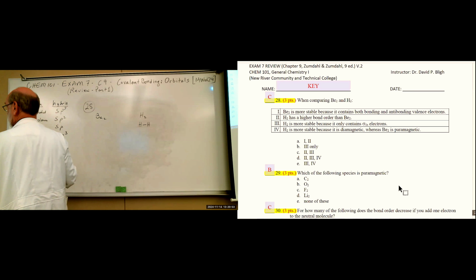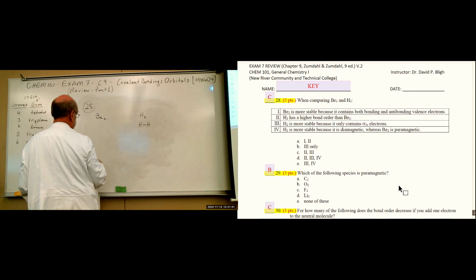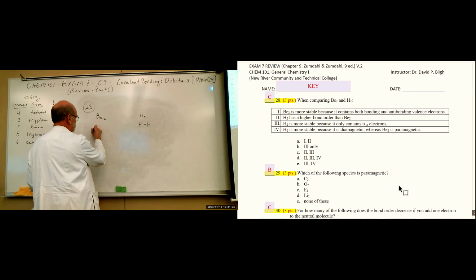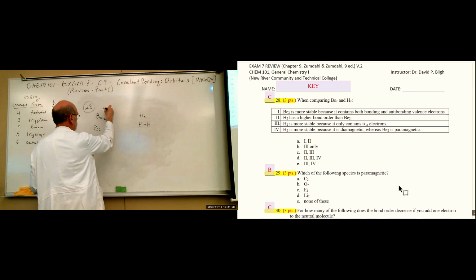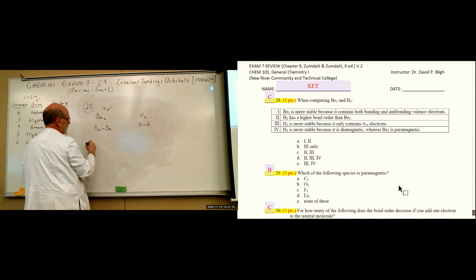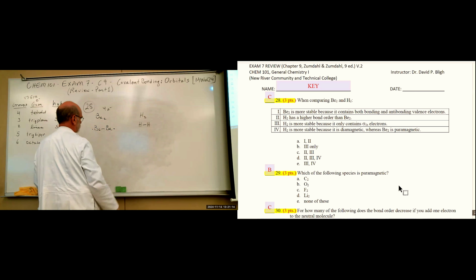Beryllium has 4 valence electrons. So beryllium is going to be like that with 4 electrons. And then just like that.